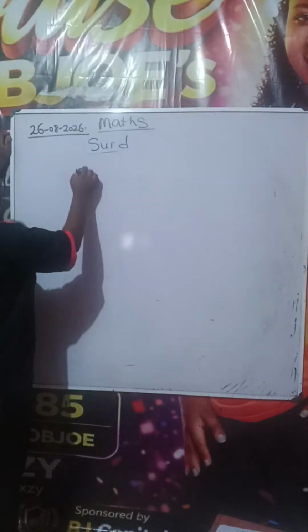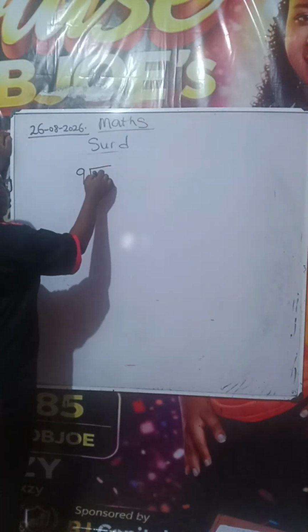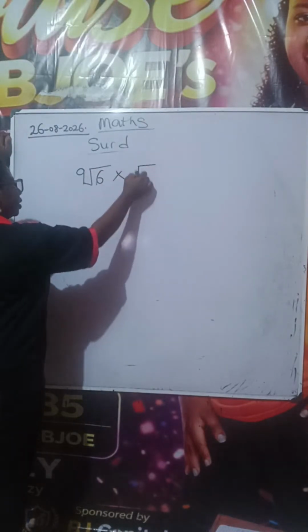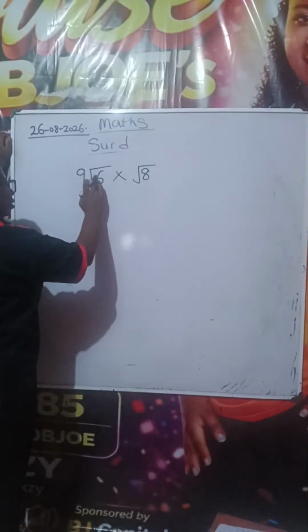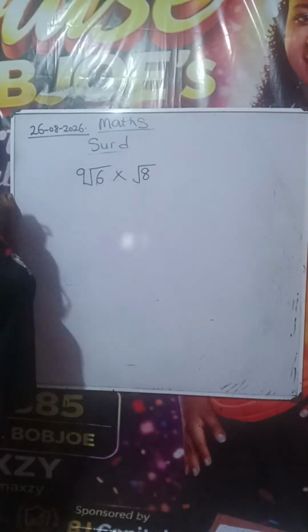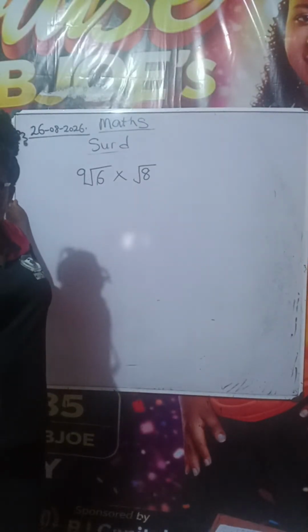I have 9 root 6 multiplied by root 8, just like this. How do we multiply this one?